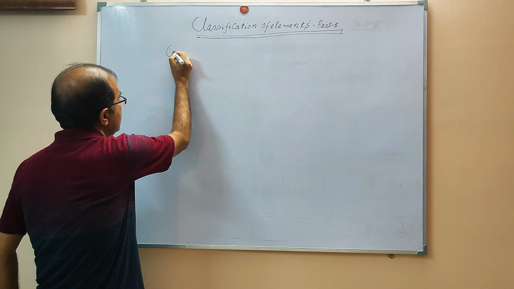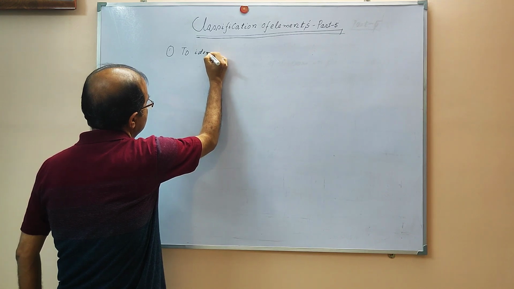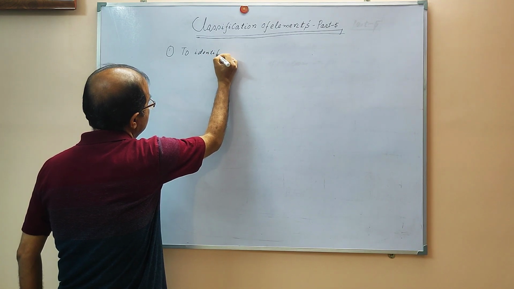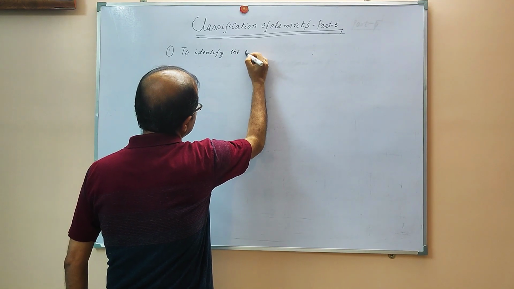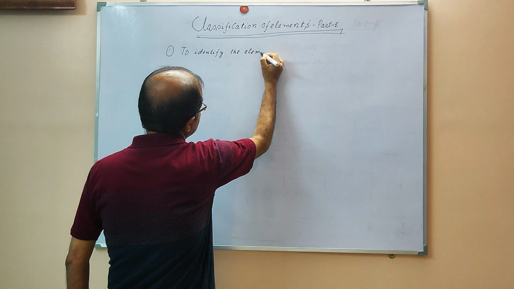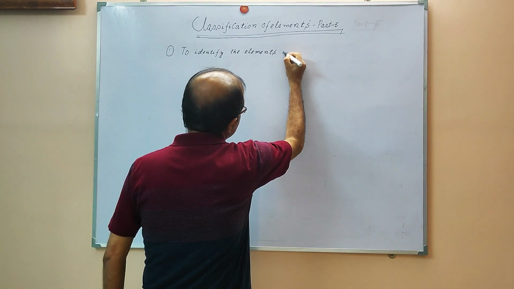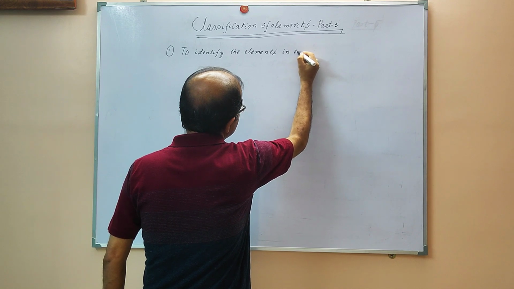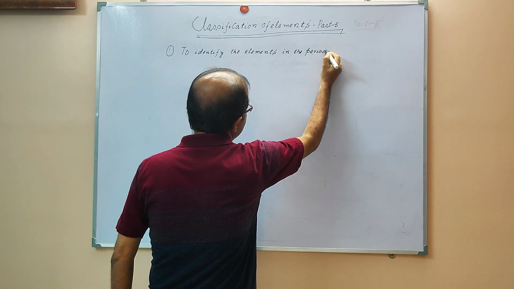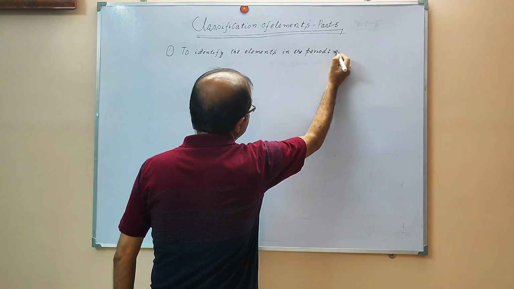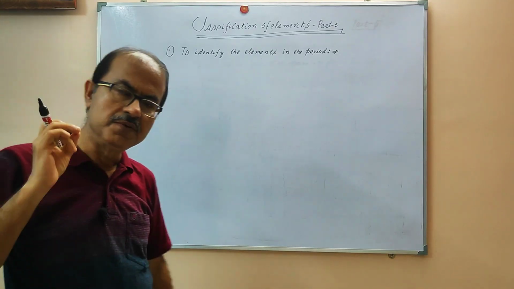So let us write down: to identify the elements in the period of the periodic table, there is a very simple rule.